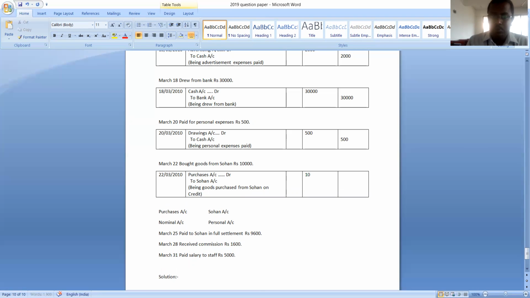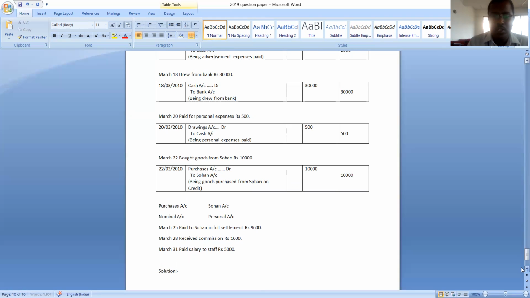The amount of the transaction is rupees 10,000. In the debit column, write the amount parallel to the name of the account debited. In the credit column, write the amount parallel to the name of the account credited.